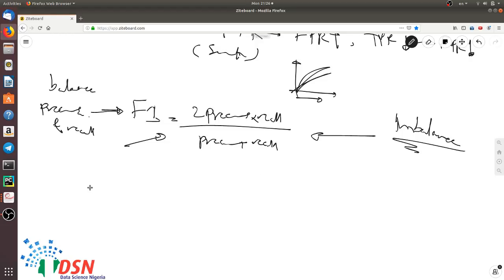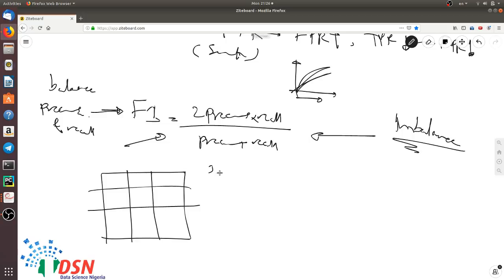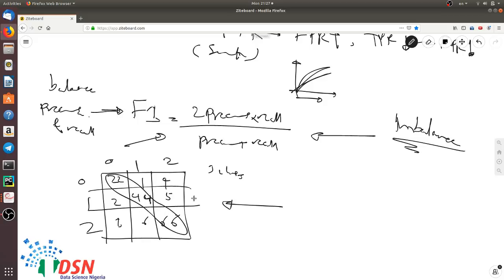And when you have multiple classes, I think the best way is to look at the confusion matrix itself. So let's say we have a 3-class problem. You could create the confusion matrix, and you want to have large values on the diagonal and low values in the non-diagonal elements.